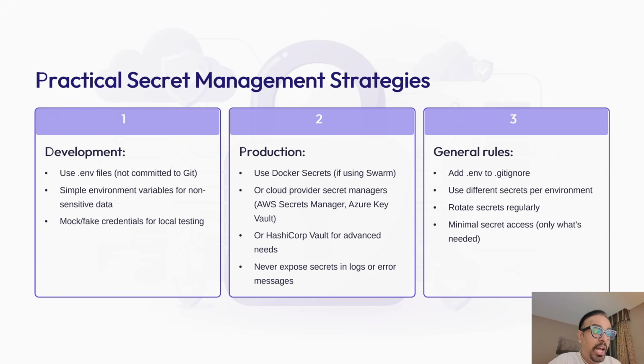You can use that. These services encrypt secrets, control access, provide audit logs, and integrate with containers. Providing audit logs means who has gone ahead and accessed the data in the credential store can also be audited. It is that advanced. And for advanced needs across multiple platforms, you can also use HashiCorp Vault. It is a powerful solution.